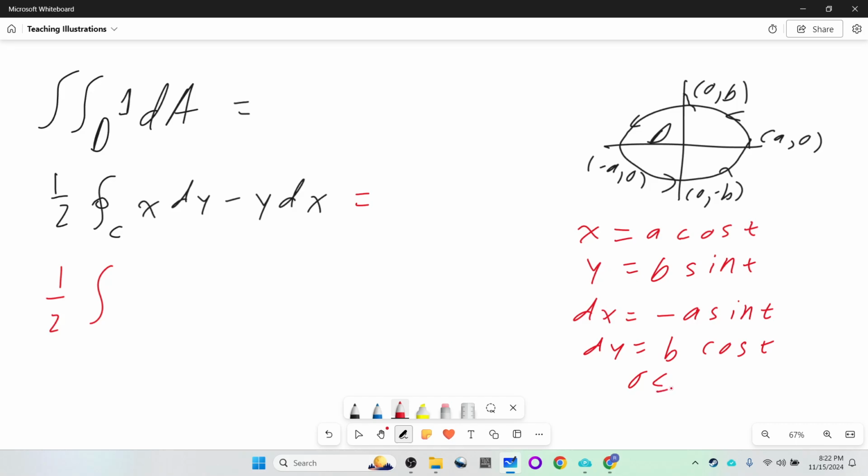The bounds would be 0 to 2 pi. And if you use theta instead of t, that's the same thing.